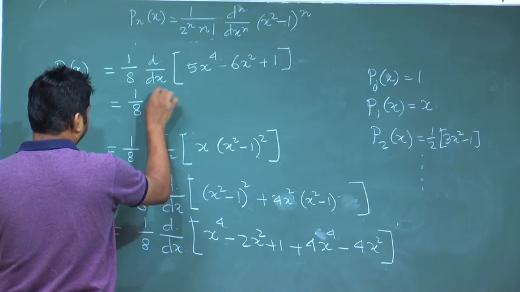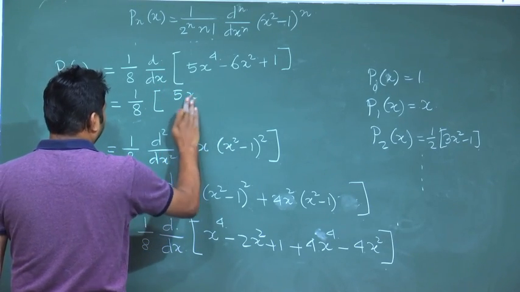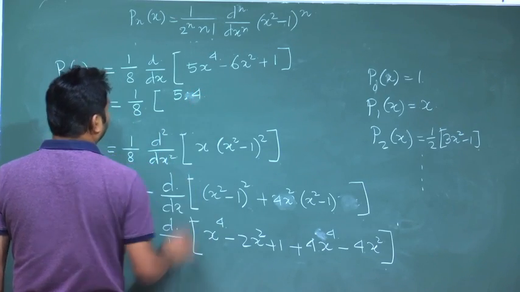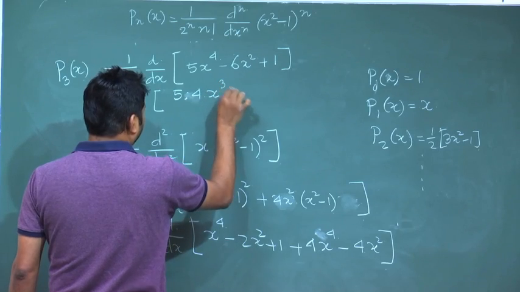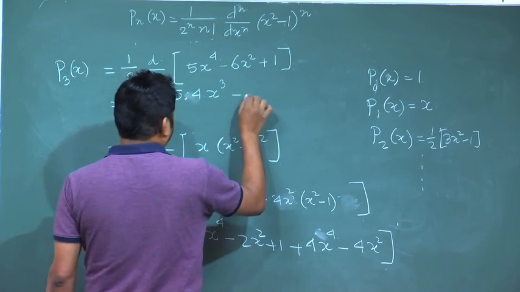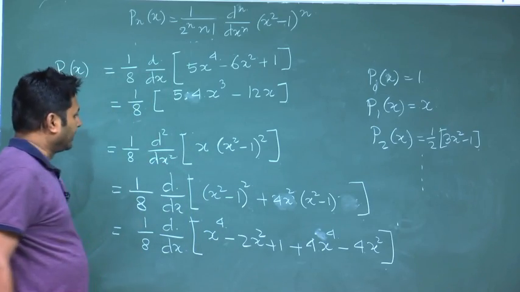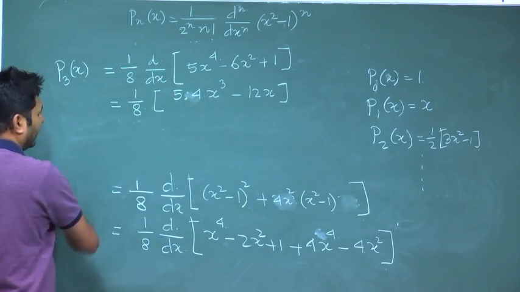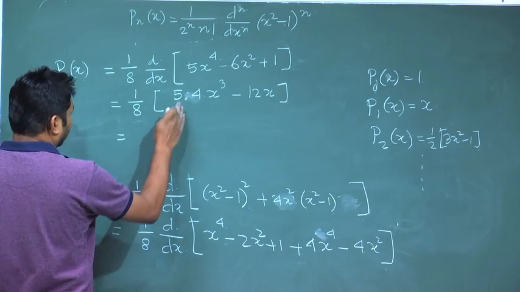So now if I make the derivative, it will be 5 into 4 x cube minus 12x, it will be something like this. So this is 20.